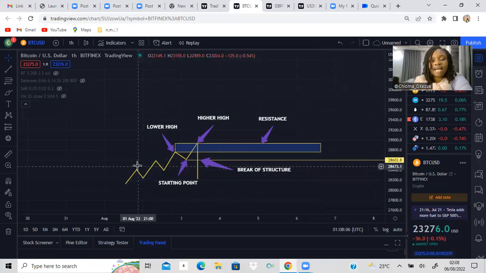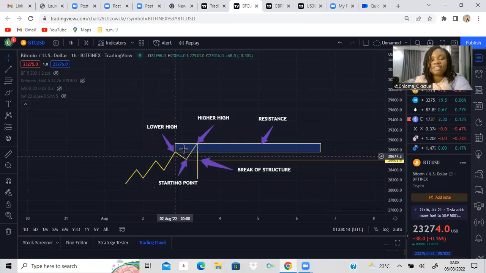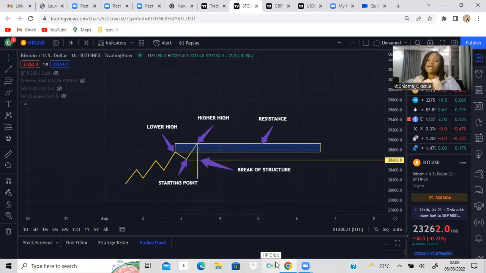What you have is higher highs, but this high is lower than this high. So you have lower highs and higher highs. When we see that, we'll start looking for a break of structure to give us our retest to bring the market down.